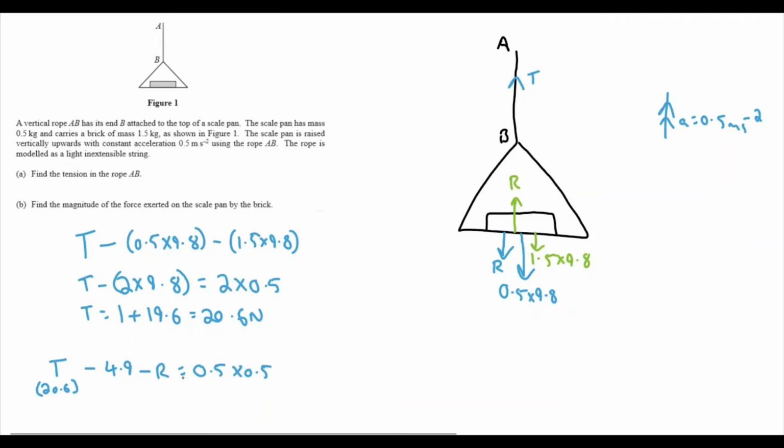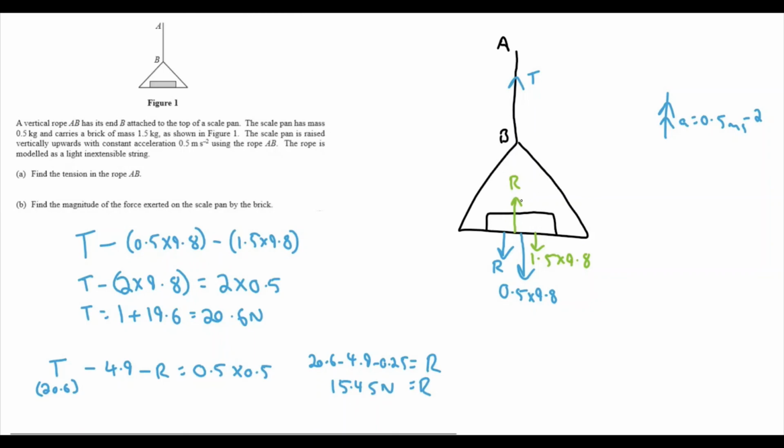Now we're looking to work out what R is, so we want it to be positive, so you can add it over to the right hand side, and then we'll minus 0.25 essentially. So you've got 20.6 minus 4.9 minus 0.25, that gets you that reaction force as being 15.45 newtons.